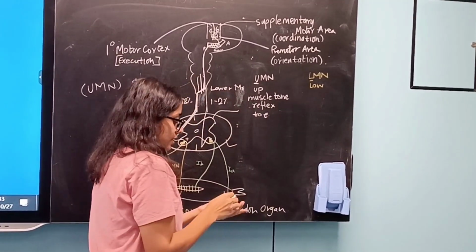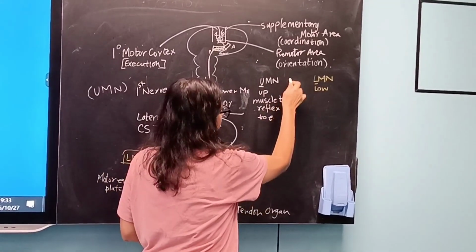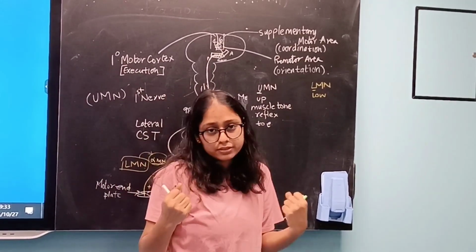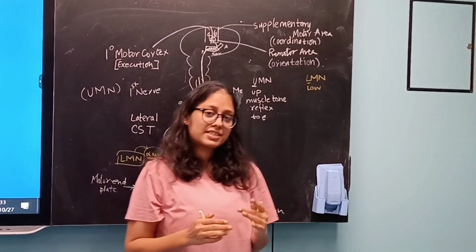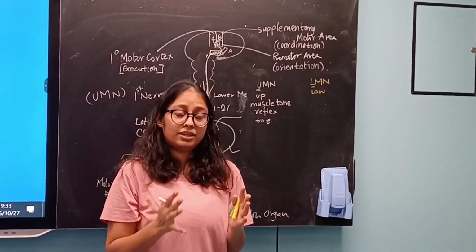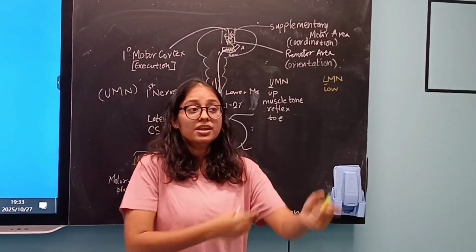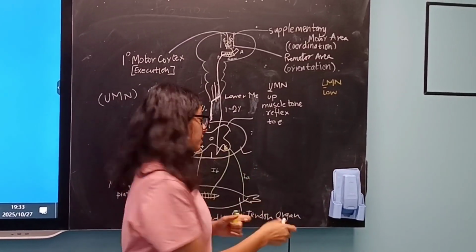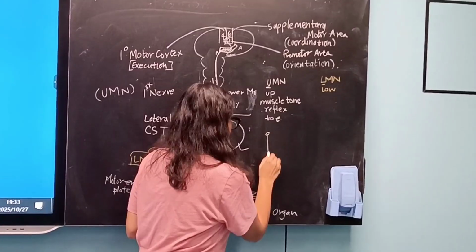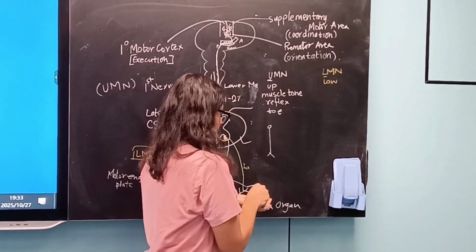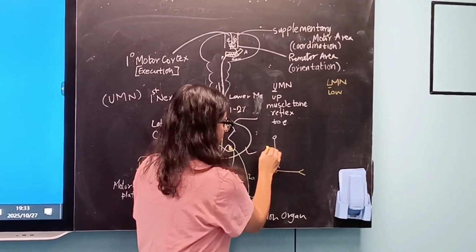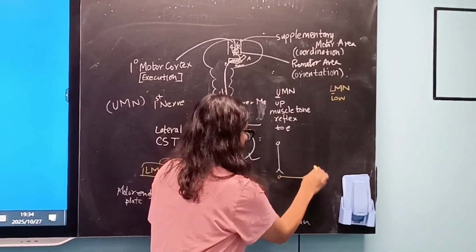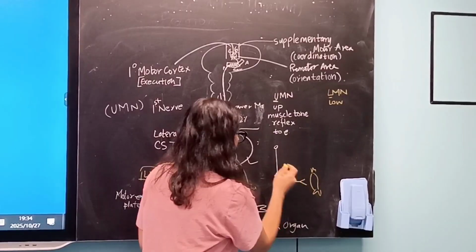Whenever we are seeing this, you can imagine a very strong person who is having thick muscles. Just to remember, when we understand UMN lesions, see this: if this is the primary neuron, this is the secondary one, this is for UMN, this is for LMN, and this is your skeletal muscle.